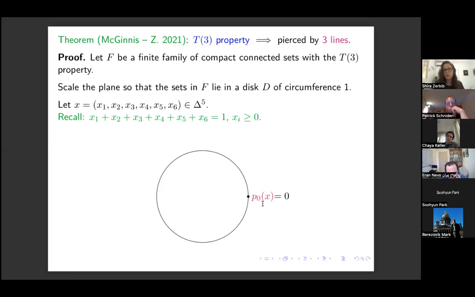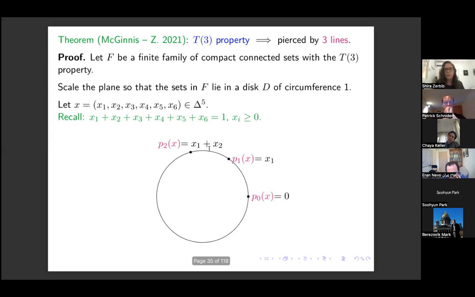Now I will show you how each such point X corresponds to 3 lines in the plane. First, X corresponds to 6 points on the circumference, on the boundary of this disk, as follows. The first point is just a fixed point, which I call P0, and this point will stay fixed throughout this proof. Then P1 of X is the point such that the arc length between P1 and P0 is exactly X1.